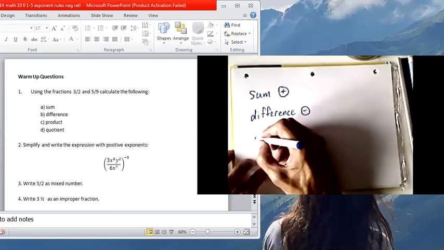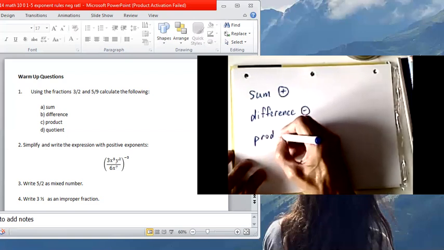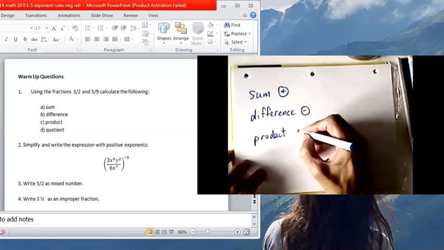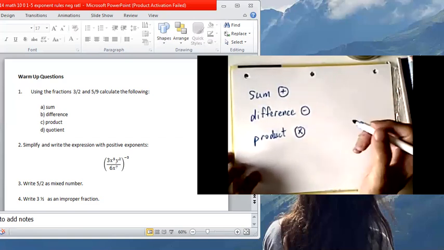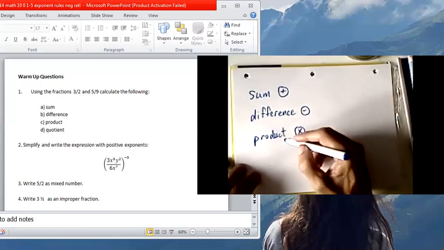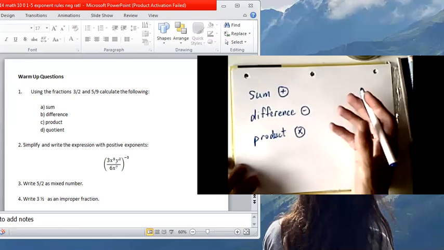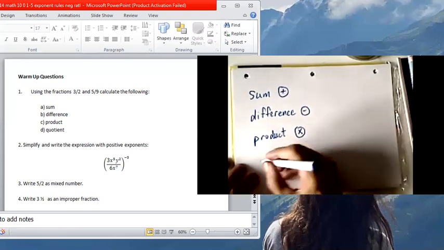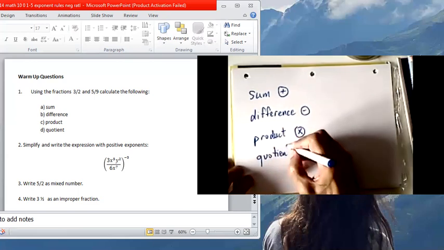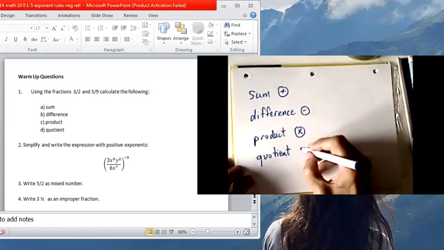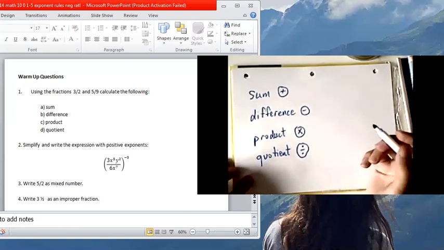For C part, the product, that involves multiplying or timesing. Multiplying, times. Okay, so the product is the answer from multiplying terms together. Quotient, that is the answer, as you guessed it, from dividing. Okay, the answer from dividing.